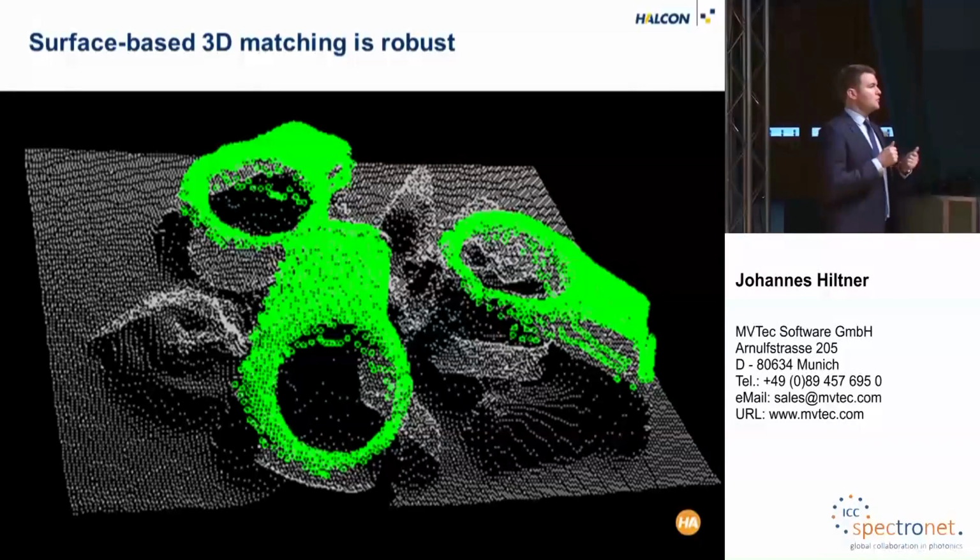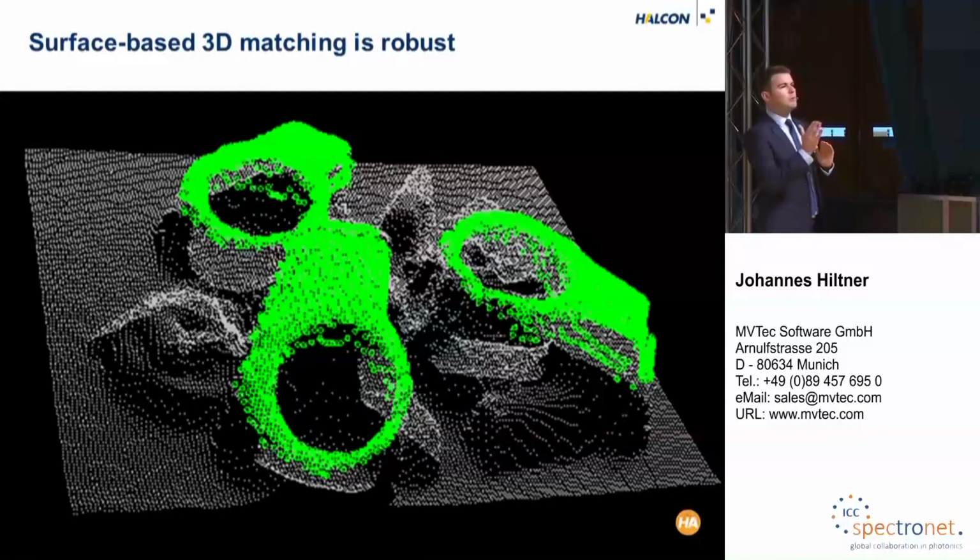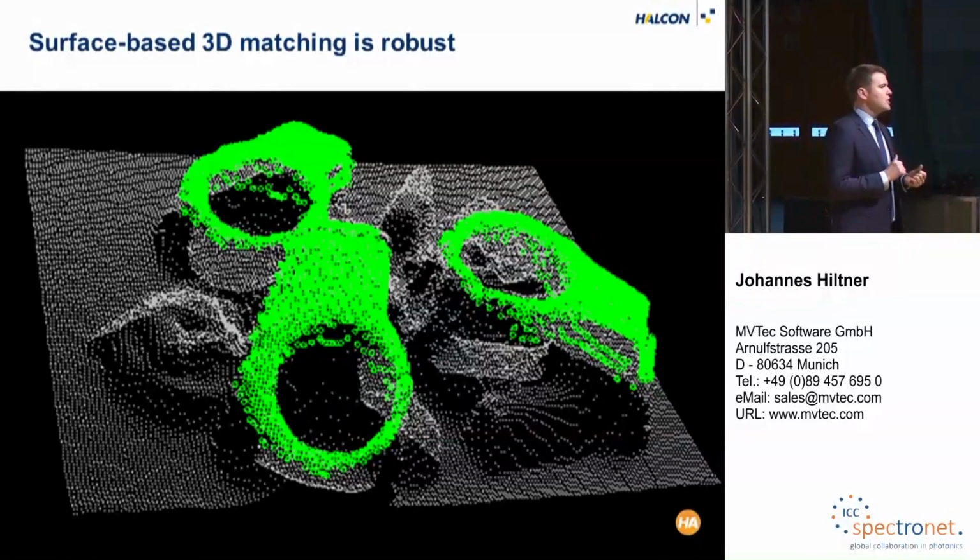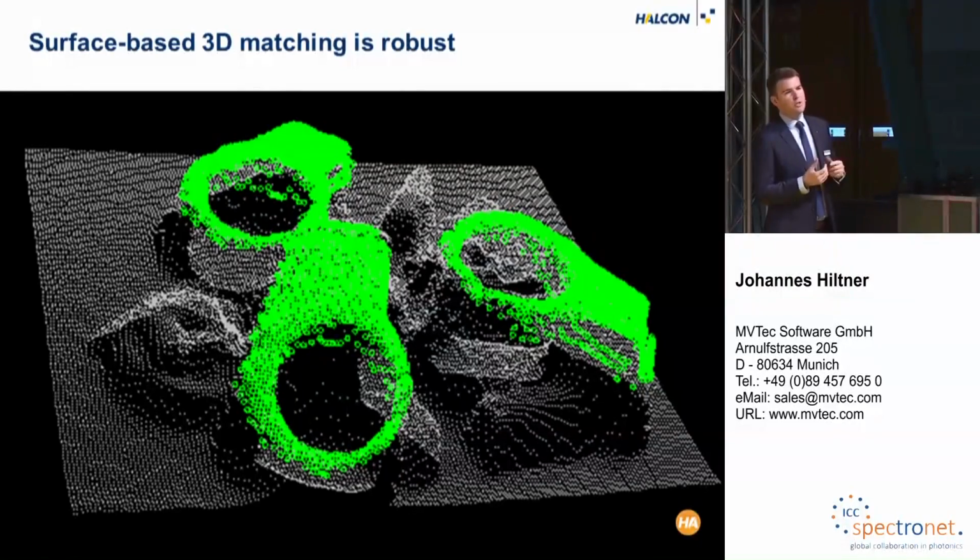It uses surface points and their corresponding normal vectors, and as the 3D point clouds contain the full 3D information, this technology is very robust also when it comes to very noisy sensor data. Time of flight, for example, is a 3D sensor which is known for highly noisy data and, well, just crappy data, to be honest.